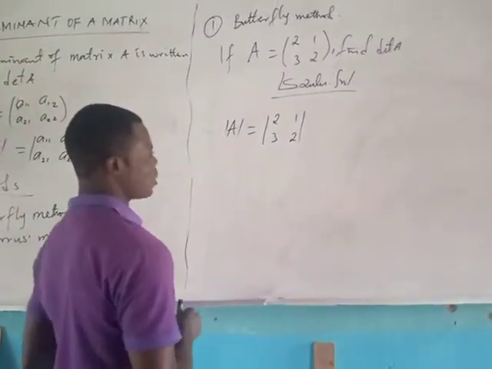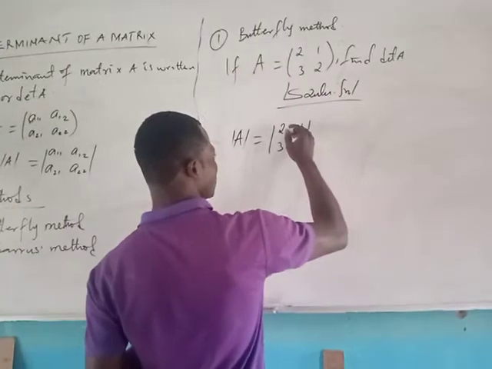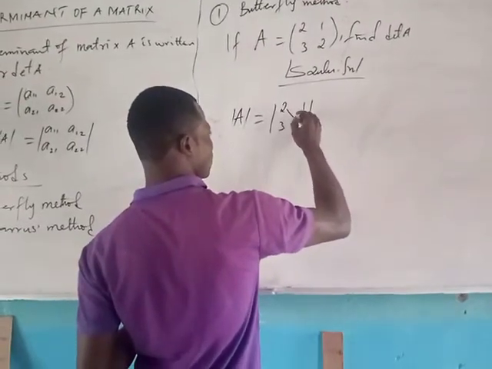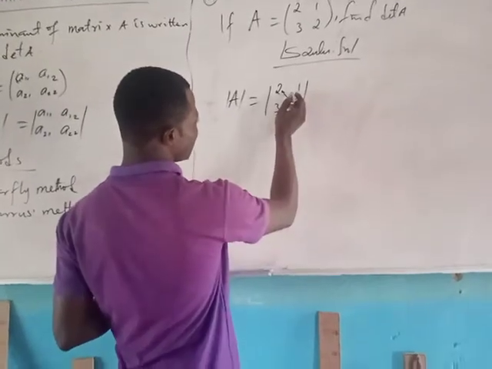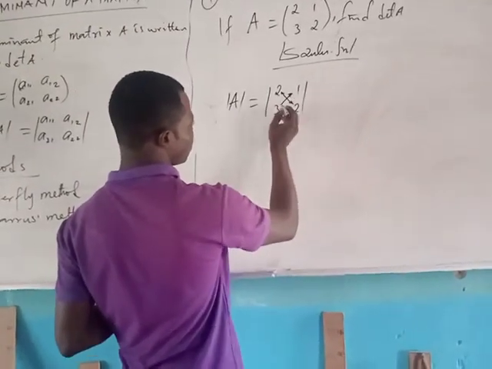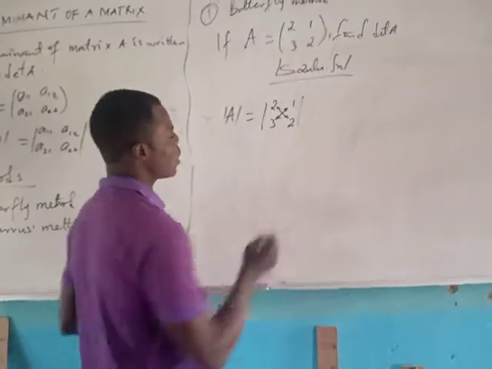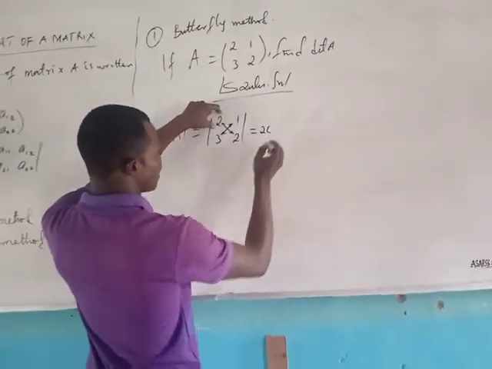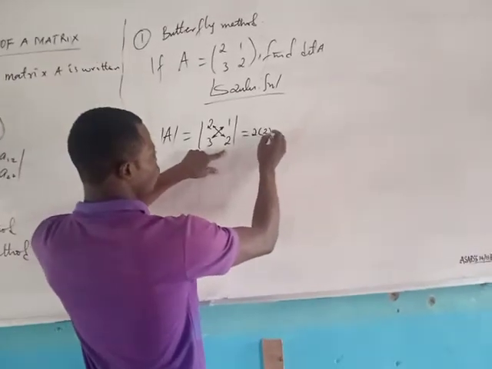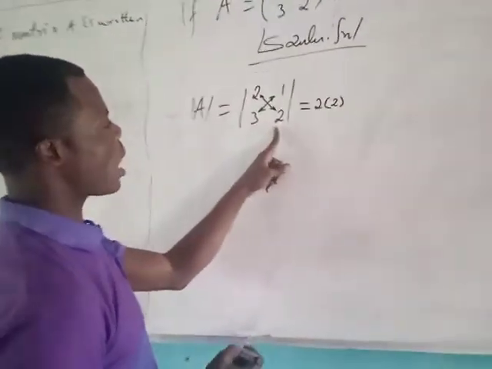And in the butterfly method, we use the diagonal elements to multiply each other and the anti-diagonal elements to multiply each other. So we are going to have the element here, 2, times this element, which is 2. That is our diagonal.